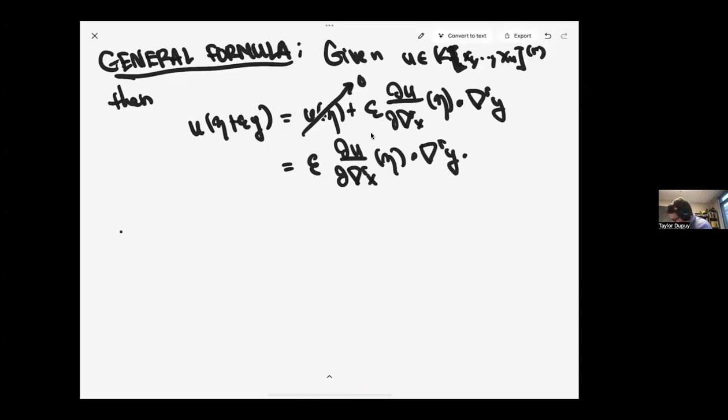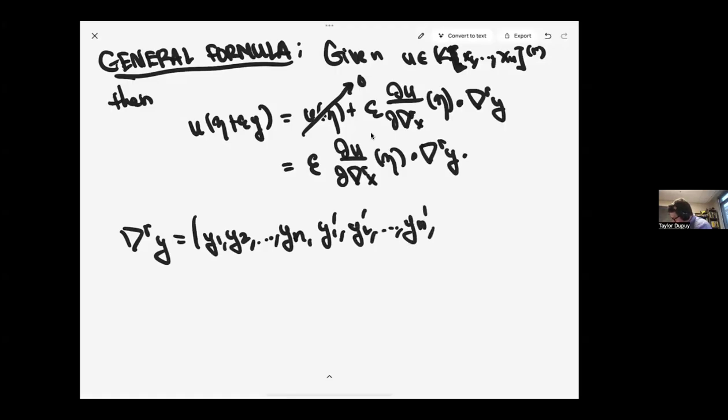Okay, where this thing here, I'm using Boolean's notation. This is like y1, y2, yn, so y1 prime, y2 prime, yn prime, and then it keeps going, and then you take the rth derivatives, yn r.